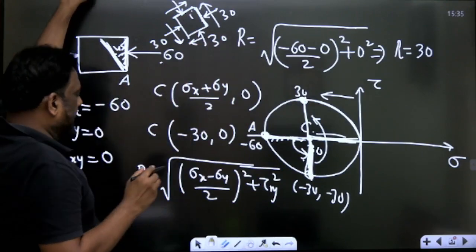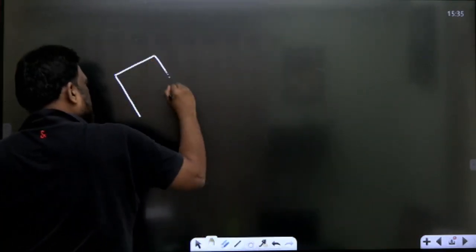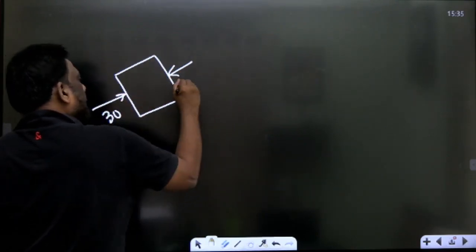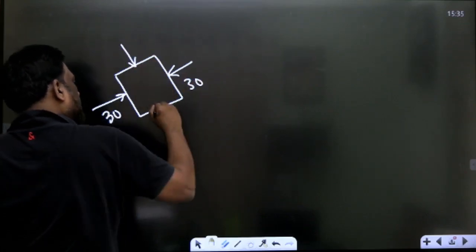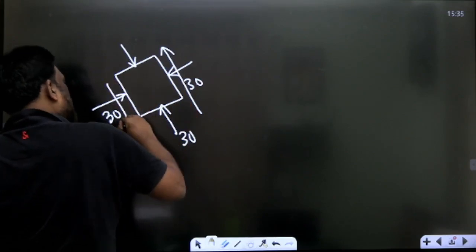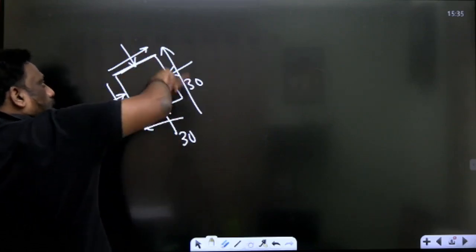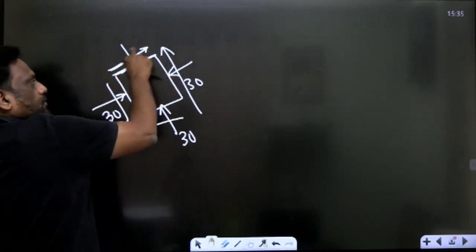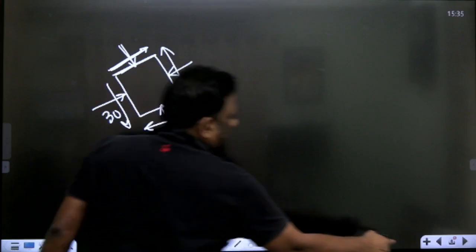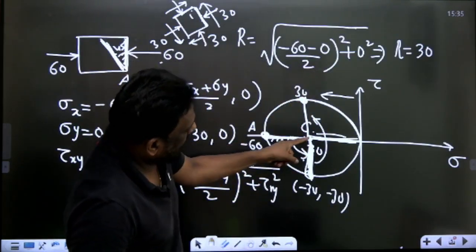So if you are drawing the element, it will be something like this, my dear students. 30. This is also 30. अभी तो देखिए. And there is anti-clockwise और यहाँ पे clockwise है सर. तो इस प्लेन पे क्लॉकवाइज आ रहा है, मतलब this tau will be positive, and this will be minus 30. देखो एक बार, if you just see this tau is positive, 30 is positive and this tau is negative.